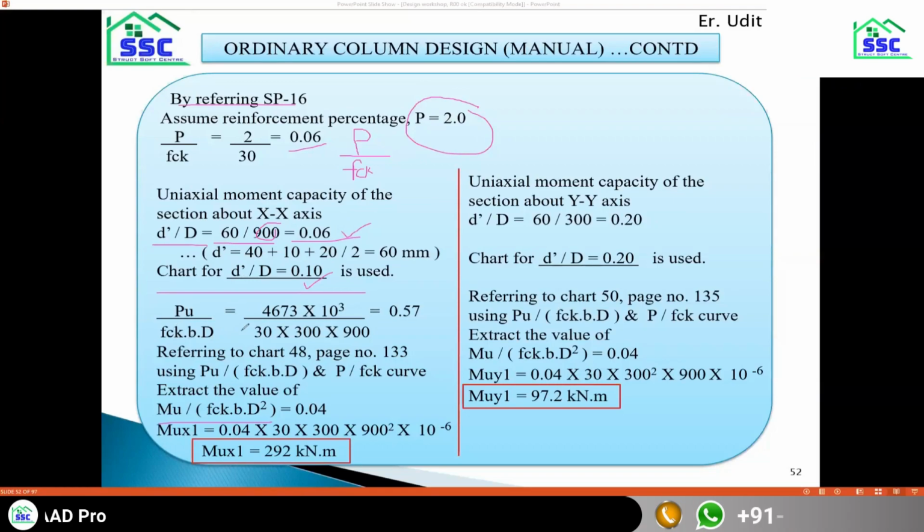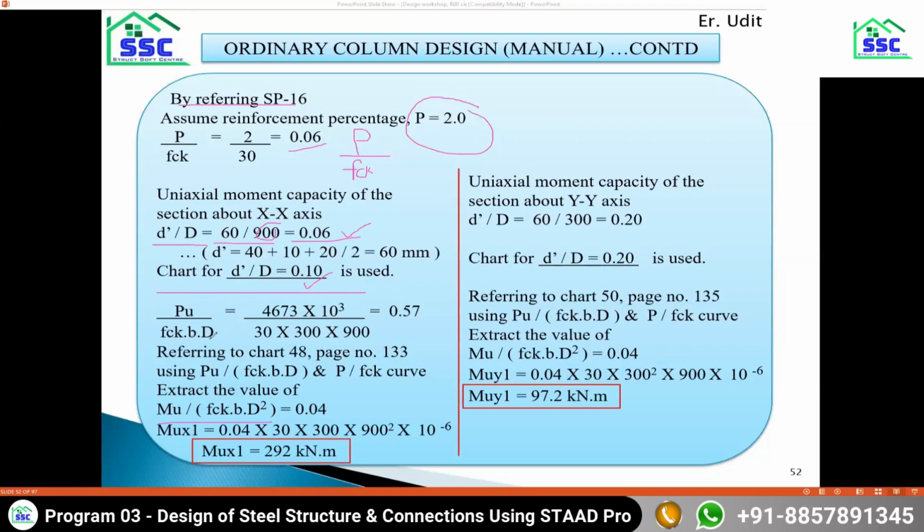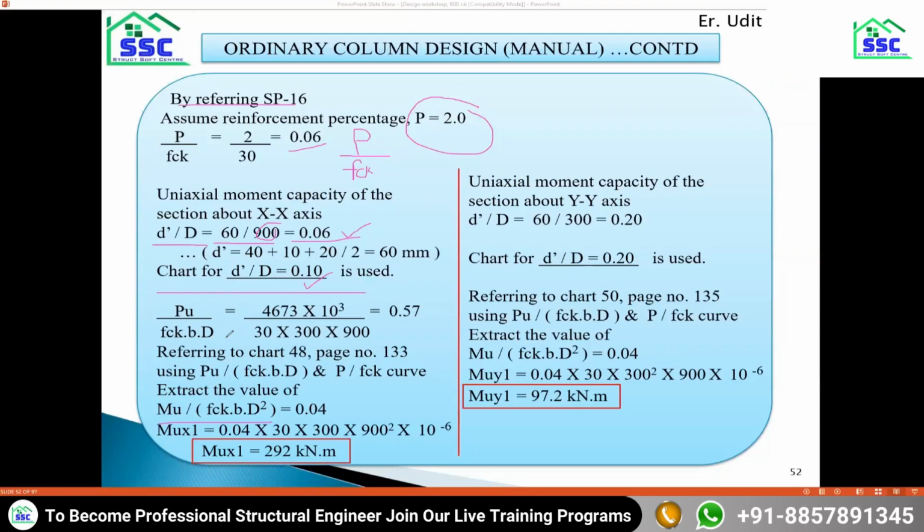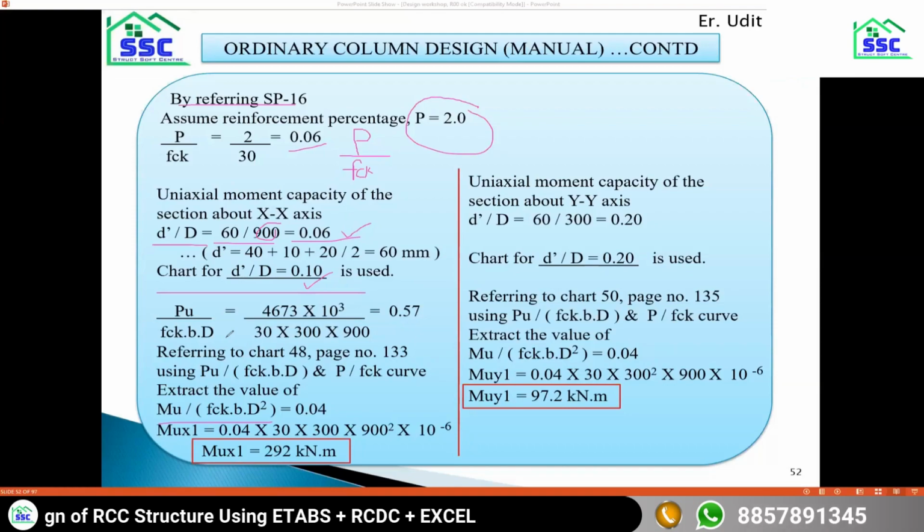We are calculating a factor based upon our axial force, and we are finding out the bending moment capacity of that column. Okay, we are doing a reverse calculation. We are assuming the PT, calculating the factor of PU by FCK BD, and from that we are working out the bending moment capacity of our column.